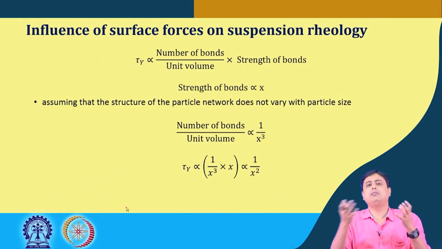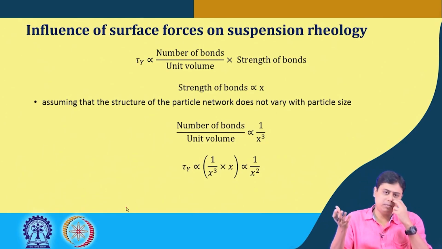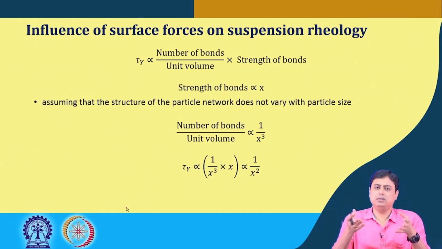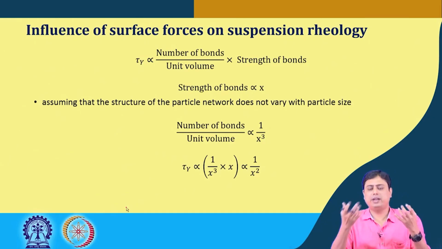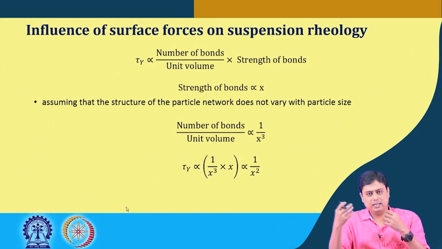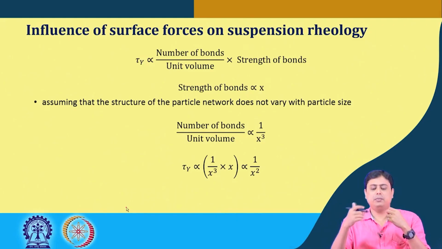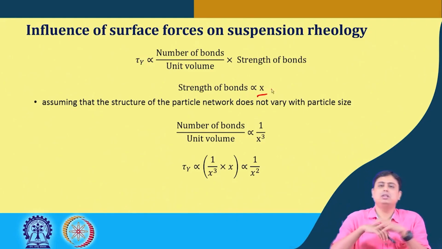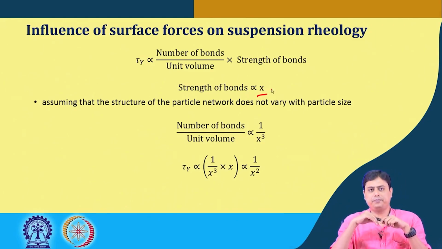Now the strength of the bond is proportional to the particle size, as we have seen. The strength of the bond means the surface interactions, the particle-particle interaction. It varies linearly, proportionately, with the size of the particle.